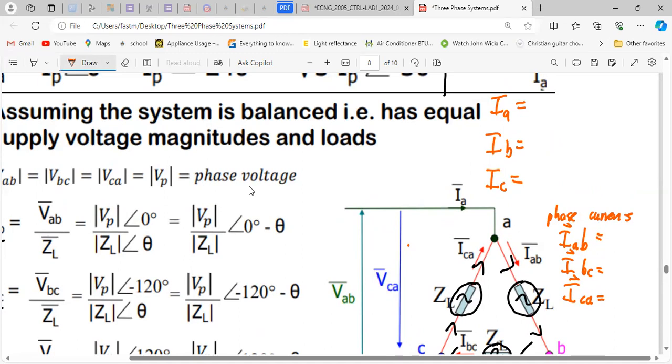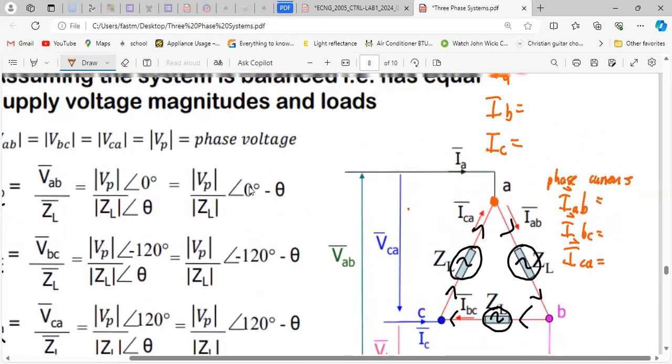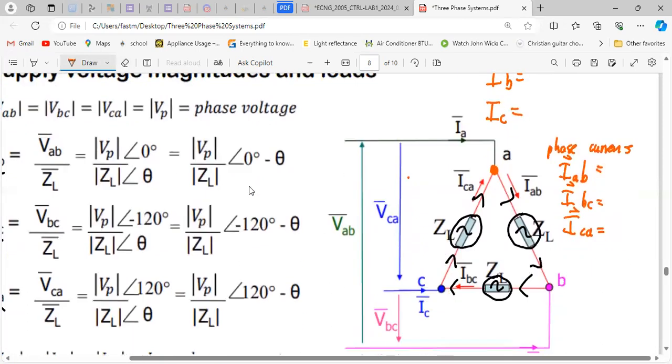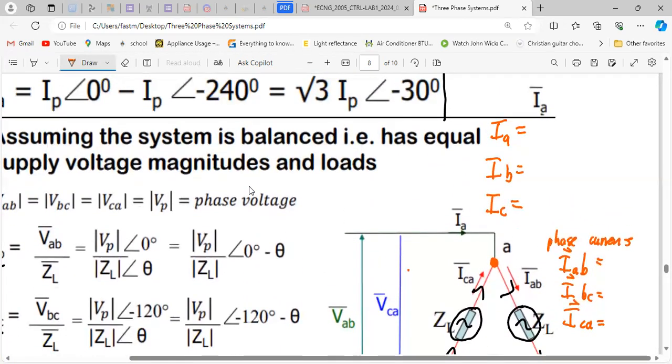So all it says is that the sum, if this is a junction here, this dot, we have three of those in the delta configuration, right? So you have three lines. So for IA, if I'm looking at this A point here, the sum of the currents going in must equal the sum of the currents going out. So IA is going in, ICA is going in, and IAB is going out.